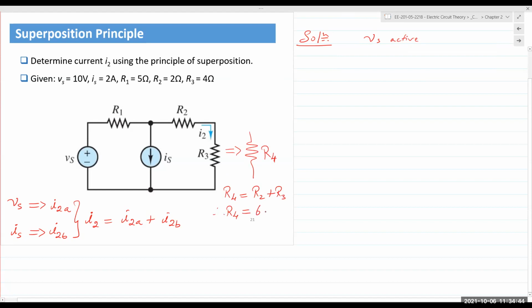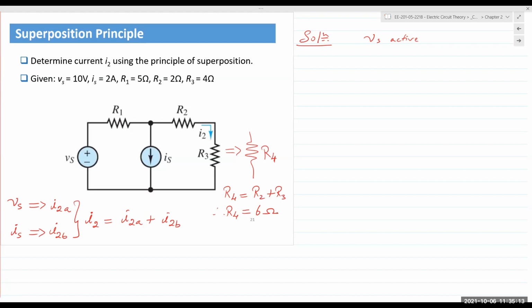So R4 is equal to 6 ohms. Just makes our job a little bit easier. The circuit's simple enough anyway. So setting up the problem, I'm reducing the two resistors on the far right, R2 and R3 in series. I'm going to call it R4. R4 has a value of R2 plus R3, 2 plus 4, 6 ohms.